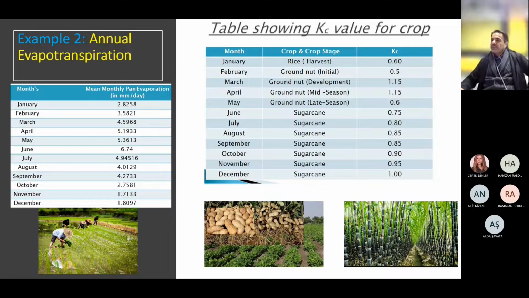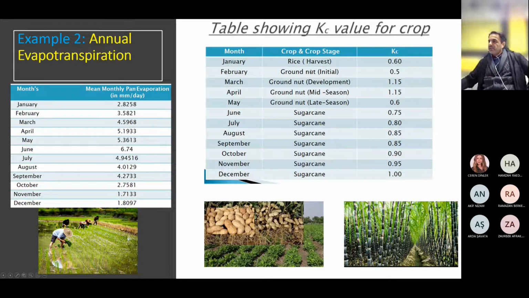The second example discusses how we calculate the annual evapotranspiration. To do this, we have to find the monthly evapotranspiration, or total amount of evapotranspiration in 1 month, and then you add all together. That gives you the annual amount of evapotranspiration.